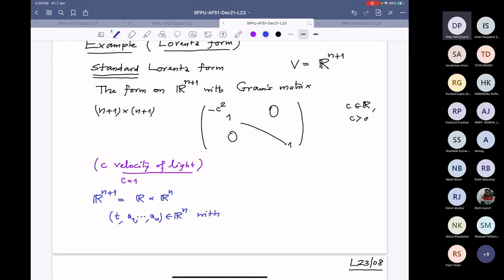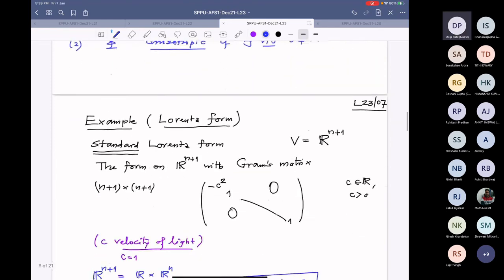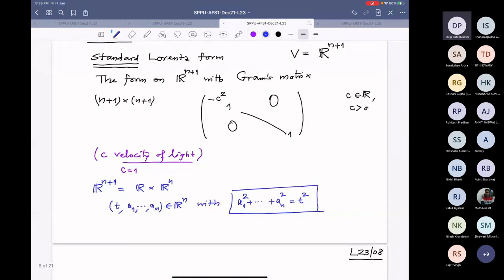The perpendicularity relation will tell you A1 square plus ... plus AN square equals T square. Where does this come from? This is coming from the fact that phi(x, x) is 0.